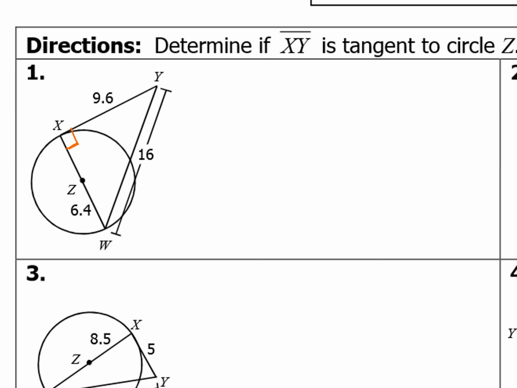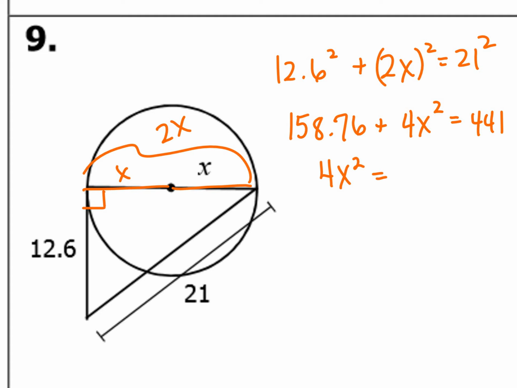I would go with, let's see, 12.6 squared is 158.76 plus 4x squared equals 441. Okay, so start solving for x squared. I'm going to take 441 minus 158.76, and I get a number like this.